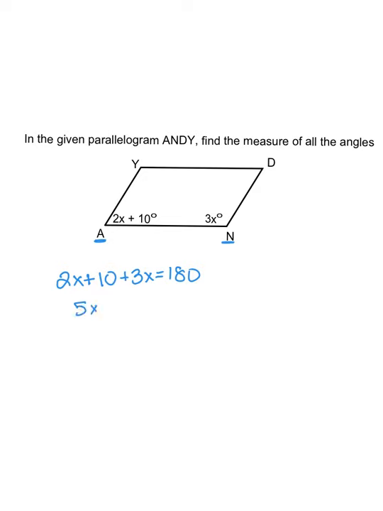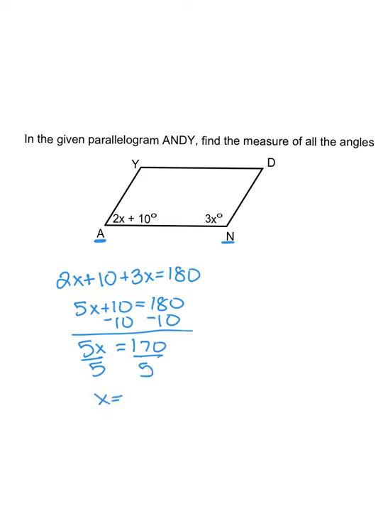So I get 5x plus 10 equals 180. I get x equals 34. Now go back and read. The question says find the measure of all the angles.